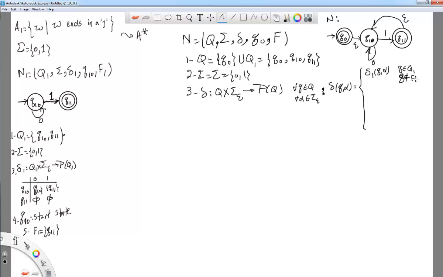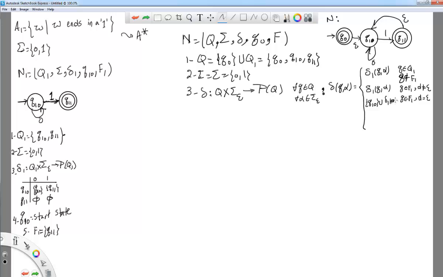I'm also going to take the transitions regularly if q was an original accept state and alpha was not epsilon. Then if q was an original accept state and alpha was epsilon, I'm going to go back to the start state. So it's going to be q sub 1 0 union with the original transitions, because I may have epsilon transitions in my original language anyway.